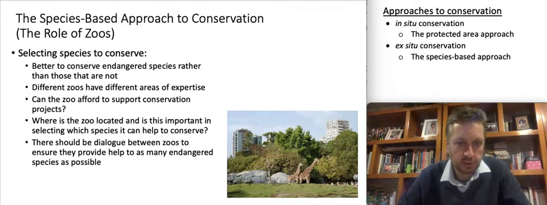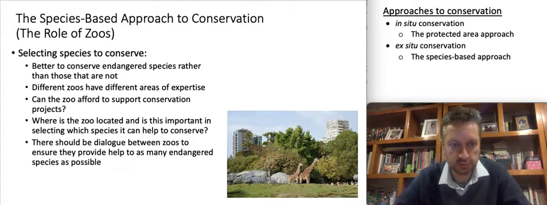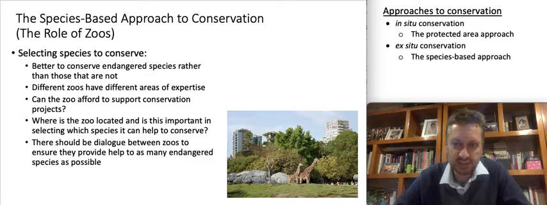Can a zoo really afford to support conservation projects? Well, maybe the answer is that if they have the support of the public and they have the support of the government. But good zoos automatically need huge amounts of funding. And unfortunately, that's not always possible. Where the zoo is located can be important in selecting which species it can help to conserve.